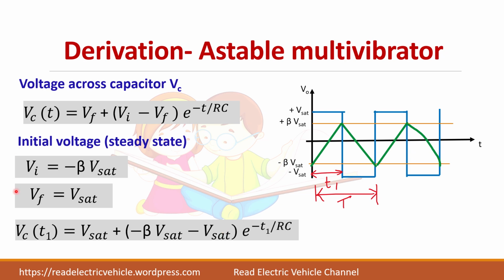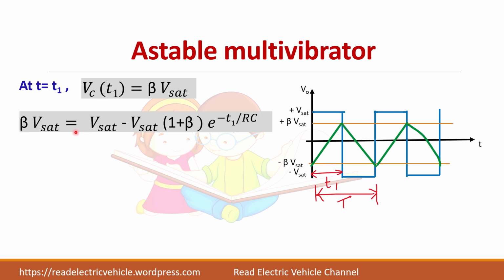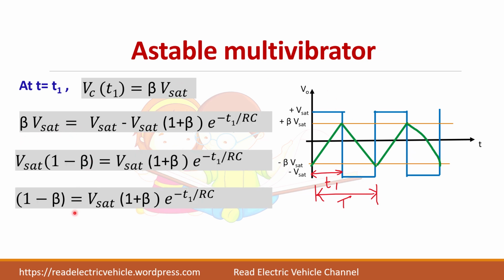Now let me take this half cycle alone, and for that the time period let it be T1. So Vc of T1 is equal to this one into e power minus T1 by RC. At t equal to T1, at this point, what is the capacitor voltage? Beta Vsat. So let us substitute in the previous equation and simplify it.